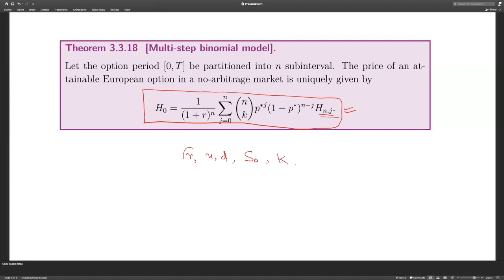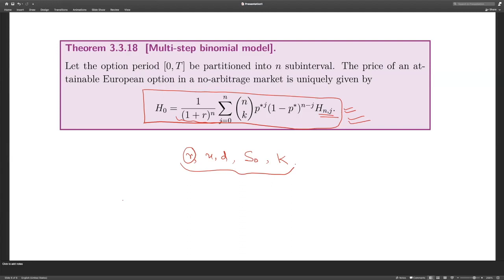And R, remember, is the per period interest rate. If it is given annually, then you have to carefully convert it into per period and then apply it here. Once you are given all this, you can obtain the option price without getting into any technicalities like filtration or conditional expectation or replicative portfolio or self-financing condition. Nothing is needed. You just have the final formula.